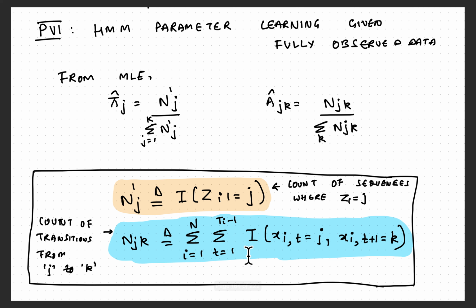It's fairly intuitive at this point to see that the MLE estimate for pi hat of j, or the prior probability, is the ratio of n superscript 1 subscript j divided by the summation of n superscript 1 subscript j over all different j's. n superscript 1 subscript j is the count of sequences where z1 equal to j, where you're starting in the jth state.